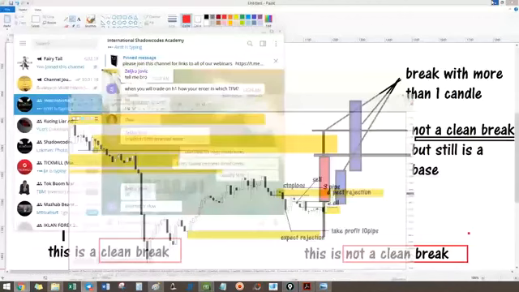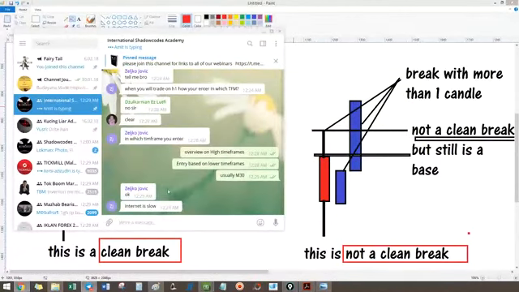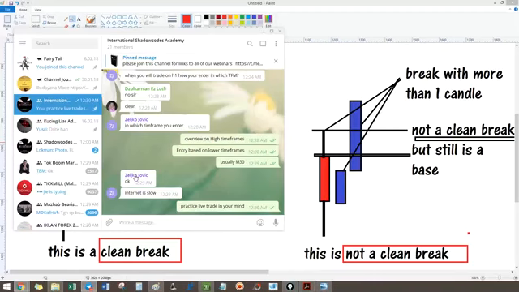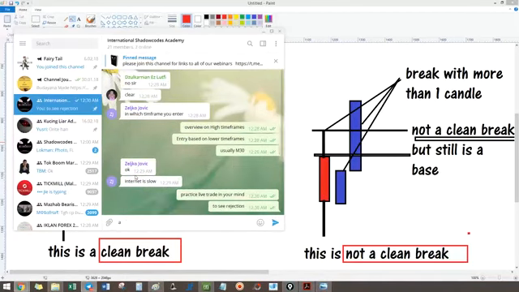So this one needs experience. You need to see how price works. So just practice, live it in your mind, to see rejection and how price reacted to it.